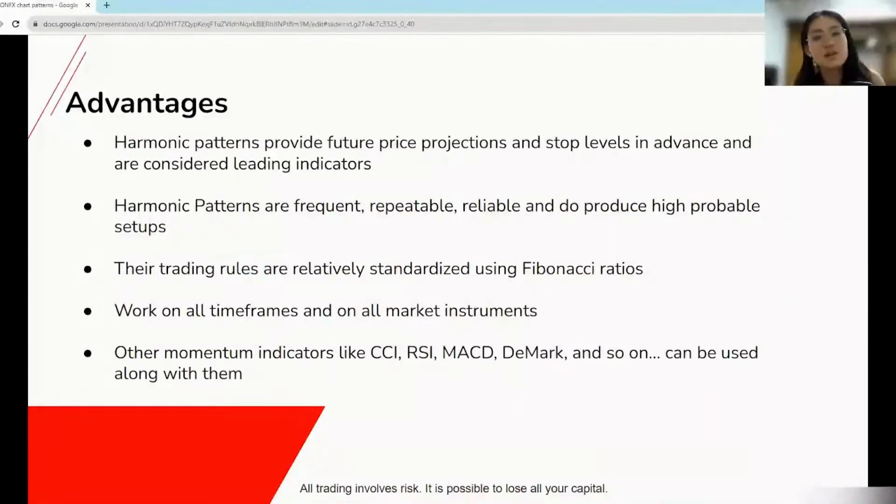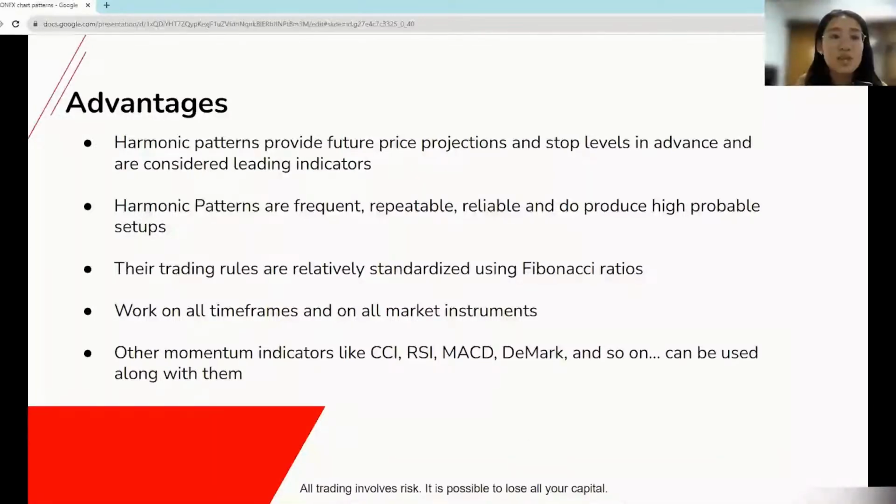Okay, just some advantages and disadvantages for you to take note of. So they are repeatable, reliable, and do produce high probable setups. And they provide future price projections and stop loss levels as well. And they can be considered as leading indicators. Their trading rules are relatively standardized since we're using Fibonacci ratios.